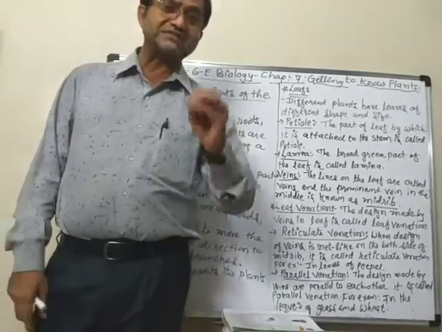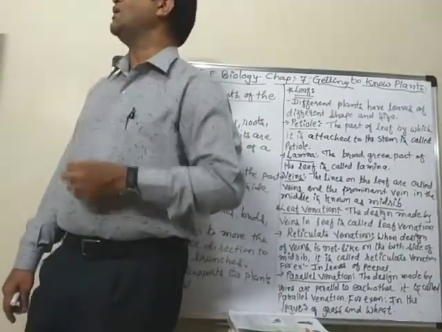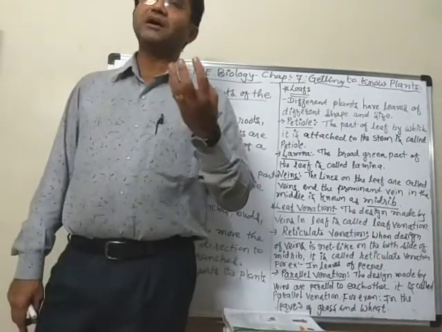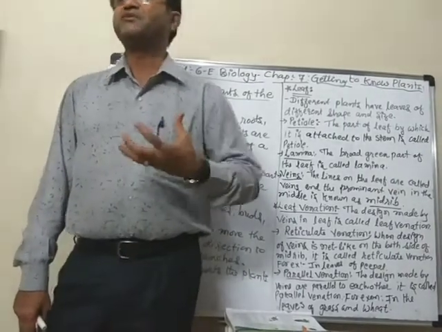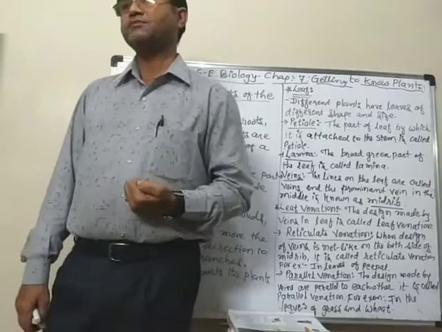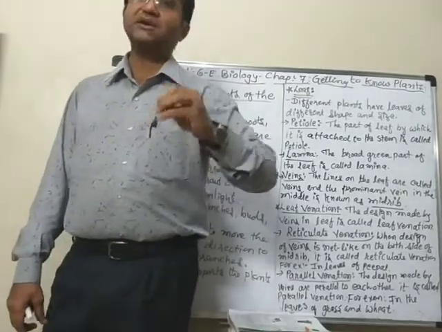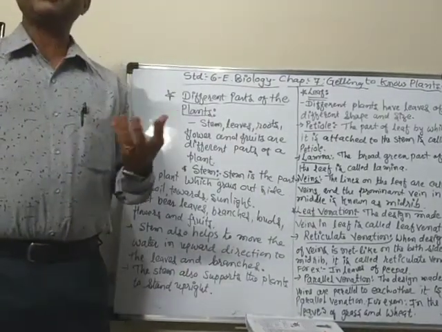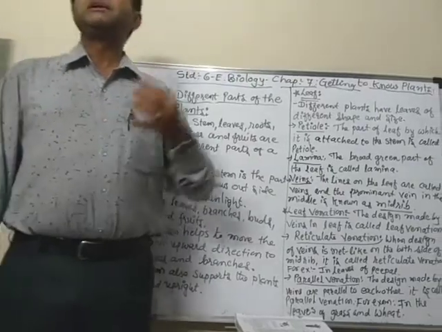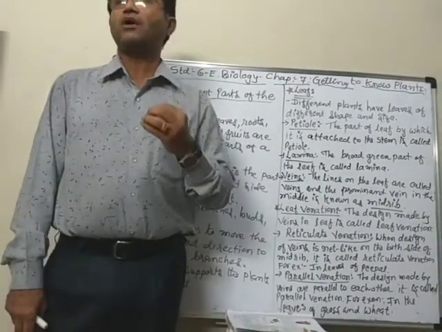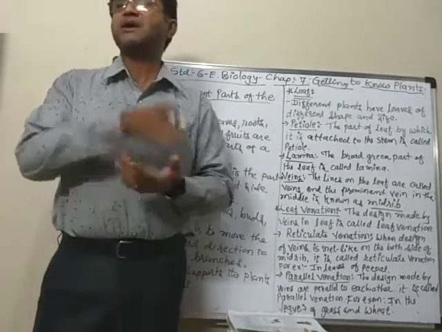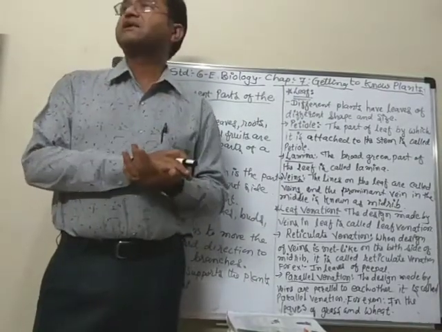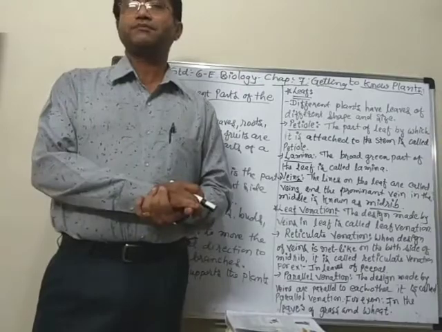No. If you look around you, the leaves can be of different shapes and different sizes also. Most of them are green, but some plants can have a different color also because they have other pigments, and those pigments are more, and therefore the green color is hidden inside.